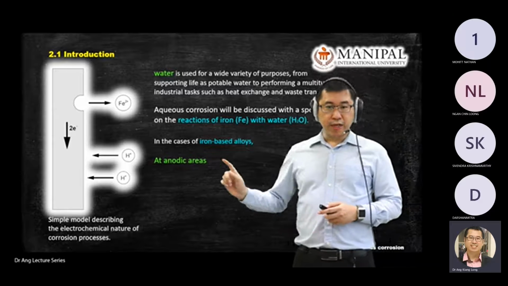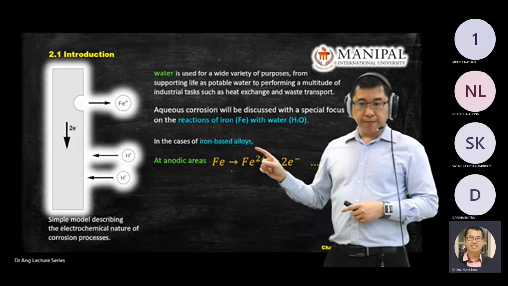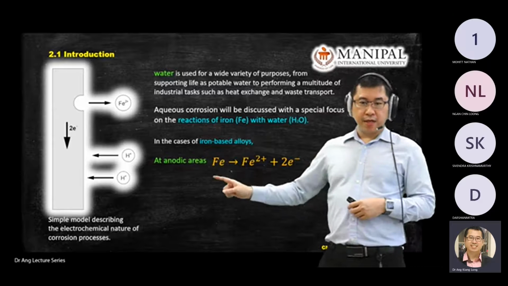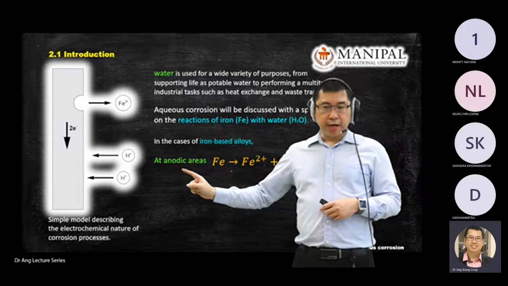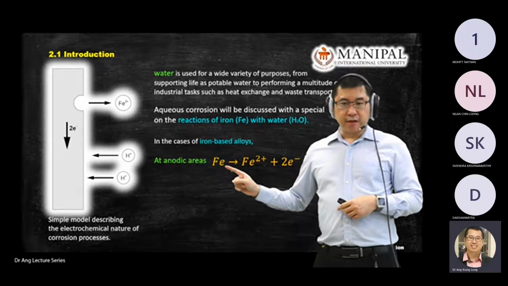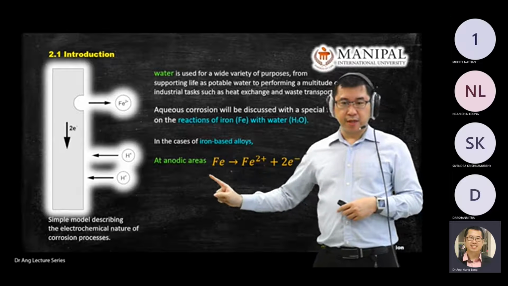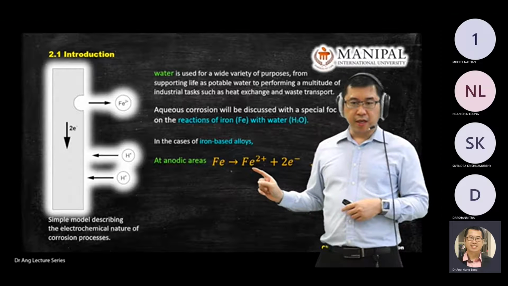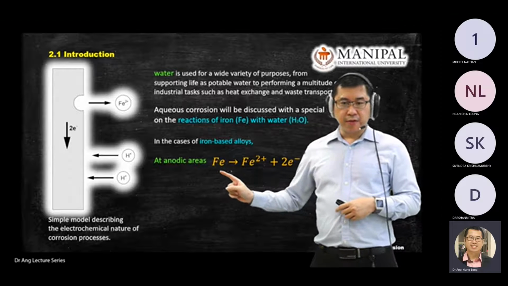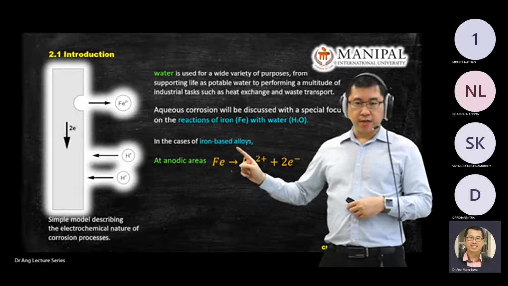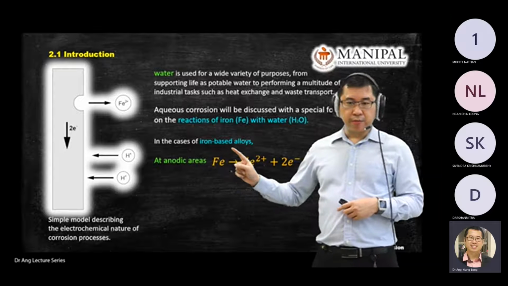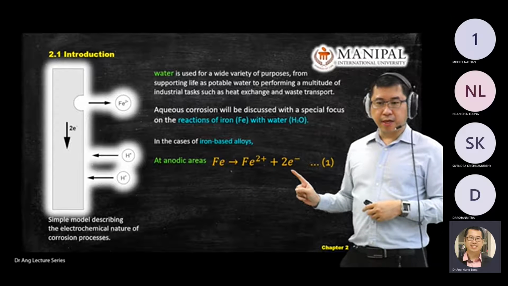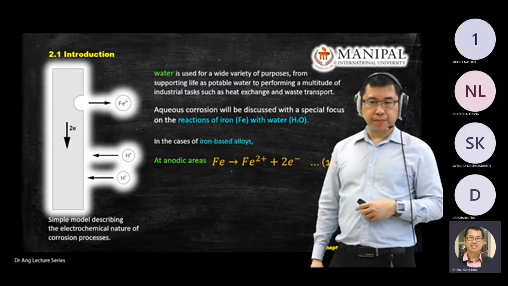So at the anodic area, or the negative polar, what happens? In the anodic area, you will see that the iron, Fe, starts to break itself from its structure into ions, and it will contribute electrons.